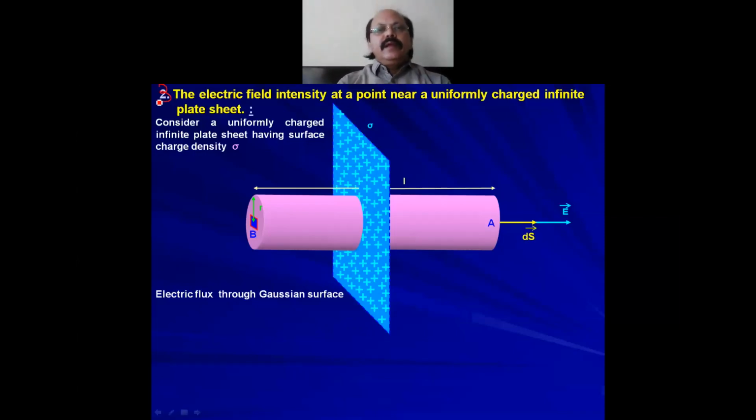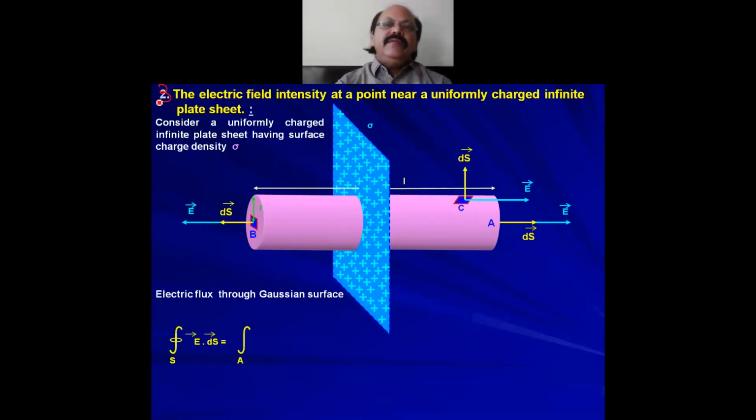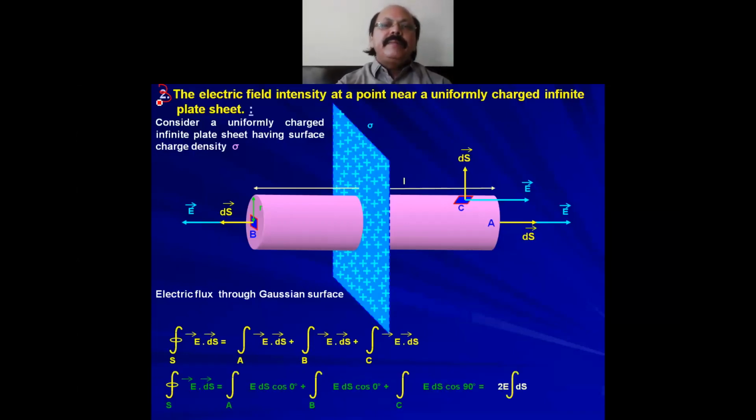Again the same procedure you have to follow. First you choose a Gaussian surface, find out the electric flux through the Gaussian surface, then find out the charge enclosed by the Gaussian surface. After that you apply Gauss's law.